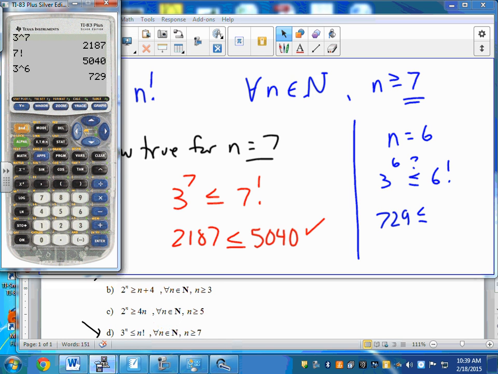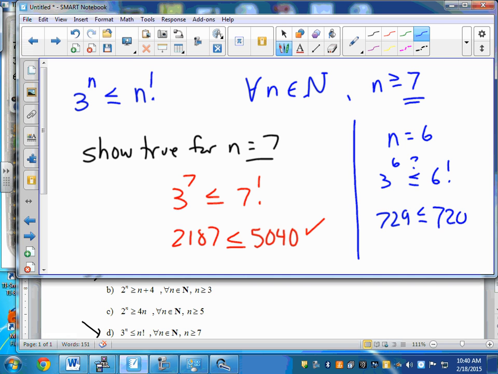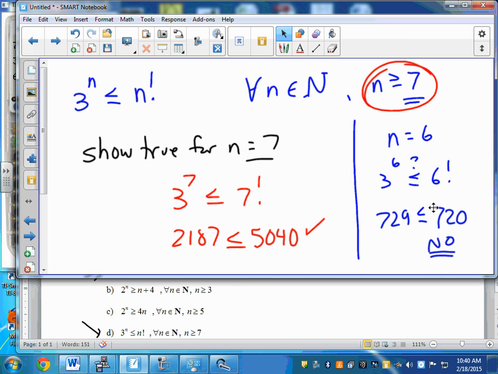Let's see, 6, math, probability, factorial, and that's 720. And in fact, that's not true. So this particular statement that is to be proved is only valid for numbers 7 and up. So that's the restriction there. Base case starts at 7.